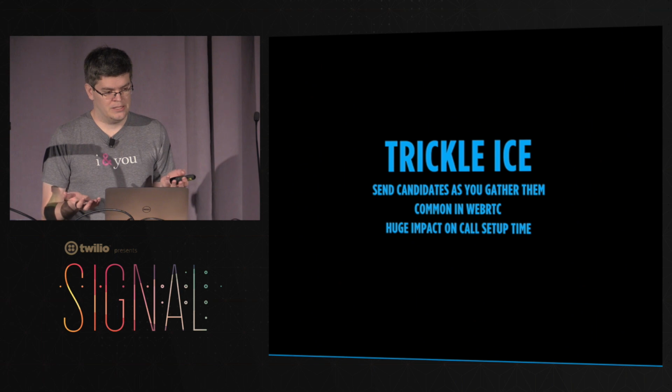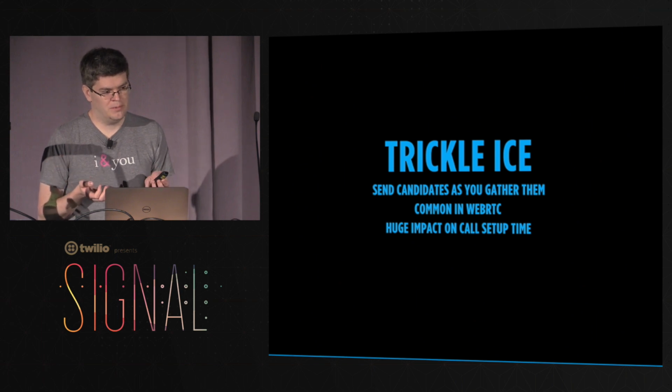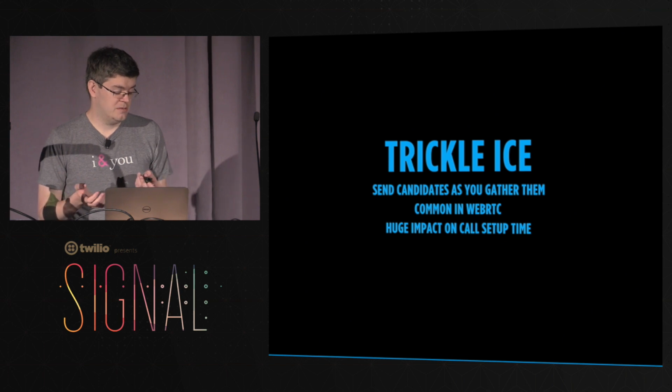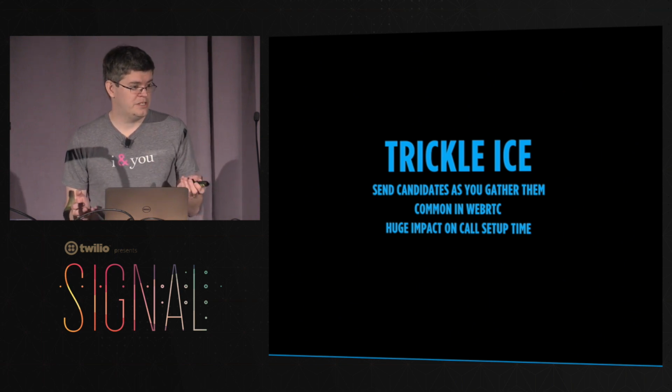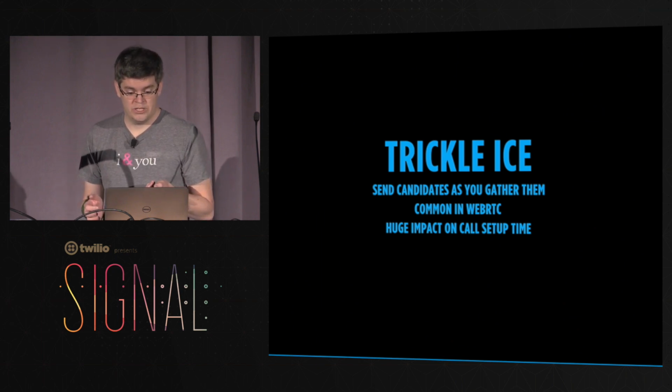So without Trickle ICE, it takes like 10 seconds to establish a call, and with Trickle ICE, only the worst case scenario takes 10 seconds. Well, most of the time, it's in the order of less than a second. Google has tuned the WebRTC sample to go to 500 milliseconds on average, which is pretty awesome.